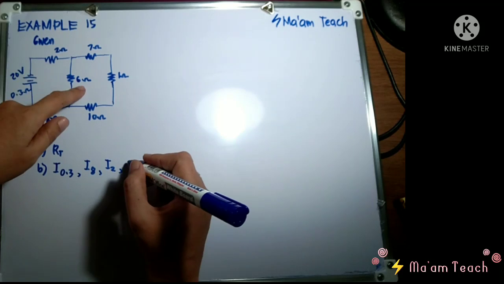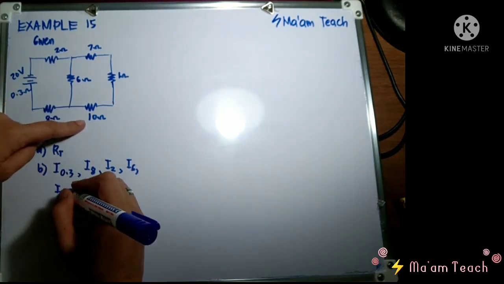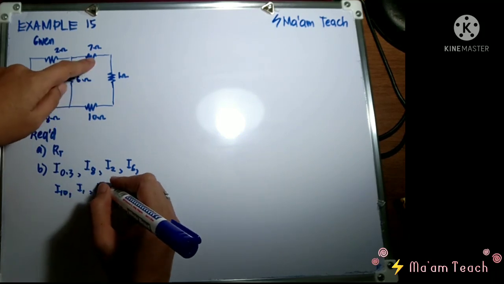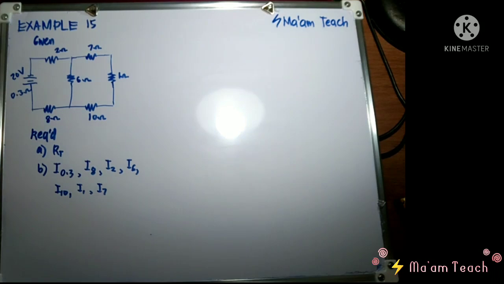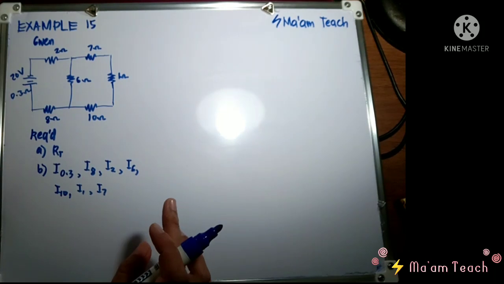This one, let's say I sub 6. Here, I sub 10. Here, I sub 1. And this is I sub 7. Again, class, it's up to you what representations you would like to use, but here I want to specify it. So we have to determine each of those currents.